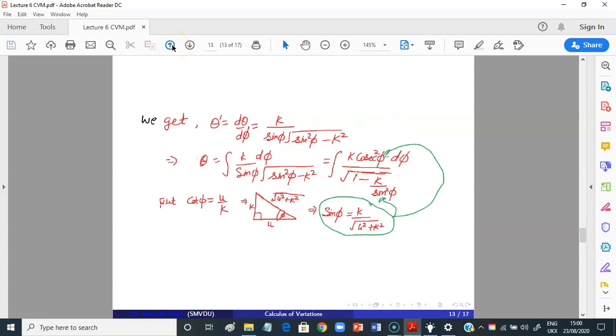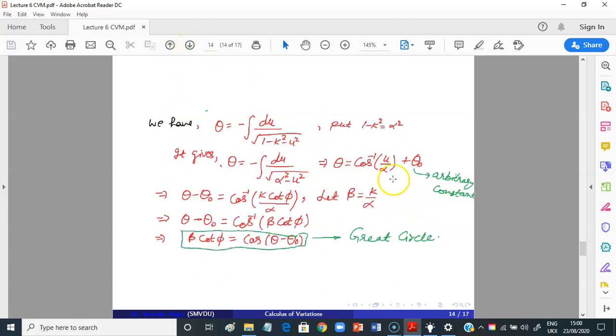You substitute u equal to k cot phi here, and now k over alpha is equal to beta. Now, taking cos on both sides, cos of theta minus theta naught equals beta cot phi. Now this is the equation of a great circle.